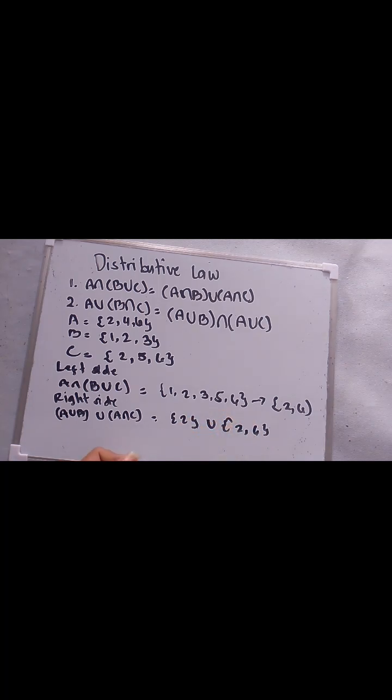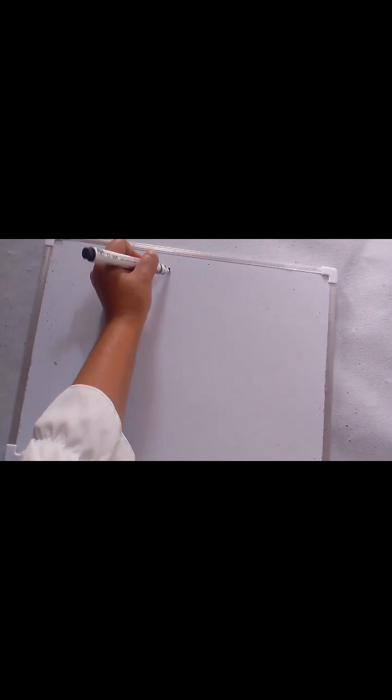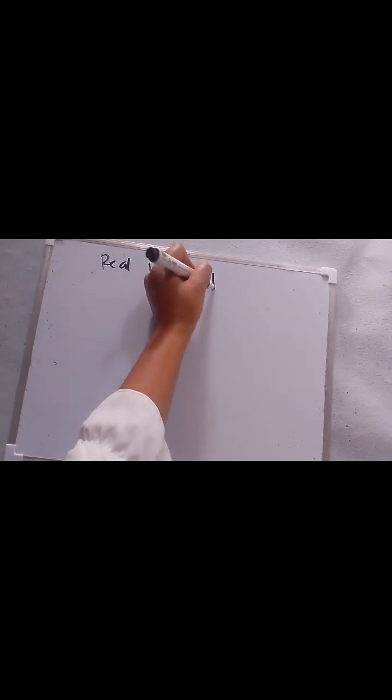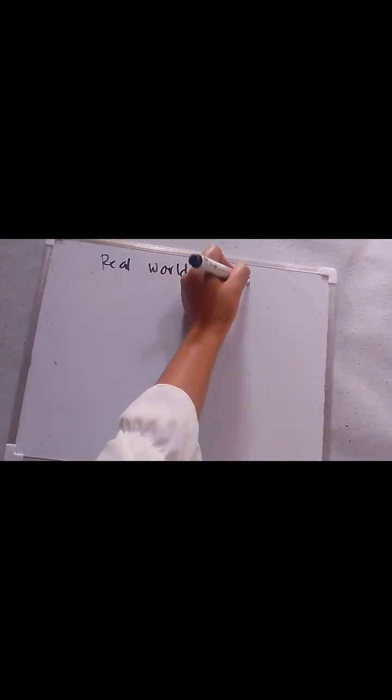So the union is 2 and 6. So the right side gives the set of 2 and 6. In conclusion, both sides match, therefore the distributive law is verified. Since both sides give the same set, the distributive law is correct.